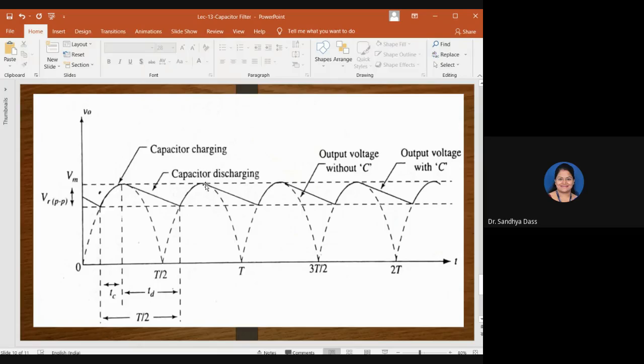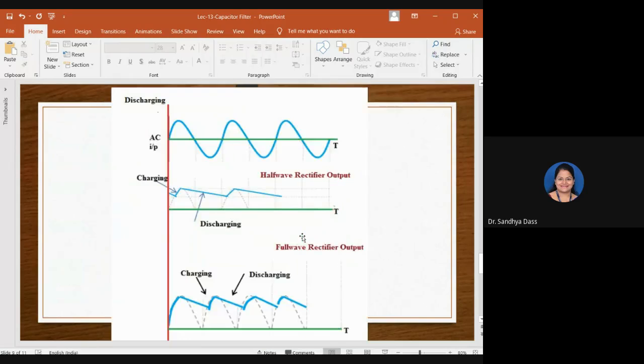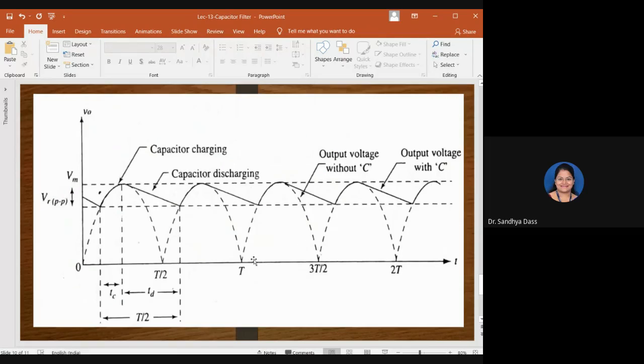When the input signal drops below Vm, the diode D2 will be turned off and the capacitor will discharge via RL. I'm assuming that you know the circuit and how it operates, so I'm directly explaining on the waveform, the output of the capacitor voltage.